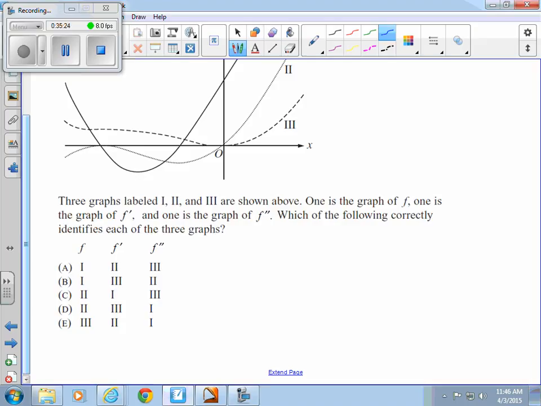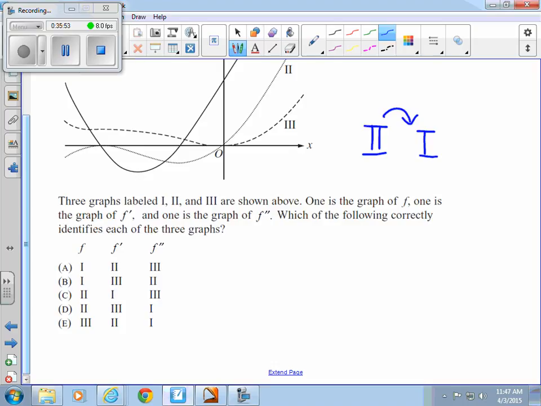So is there a graph where the zeros on the parabola are maxes and mins of the other? Of graph 2, right? So graph 1 is the derivative of graph 2. Everyone agree? And I still don't know where graph 3 belongs, so I've got to figure that out.